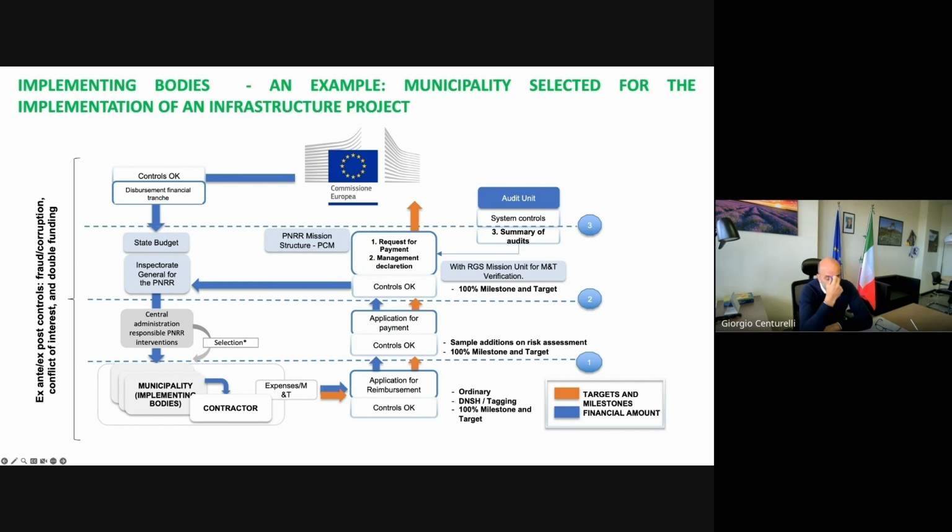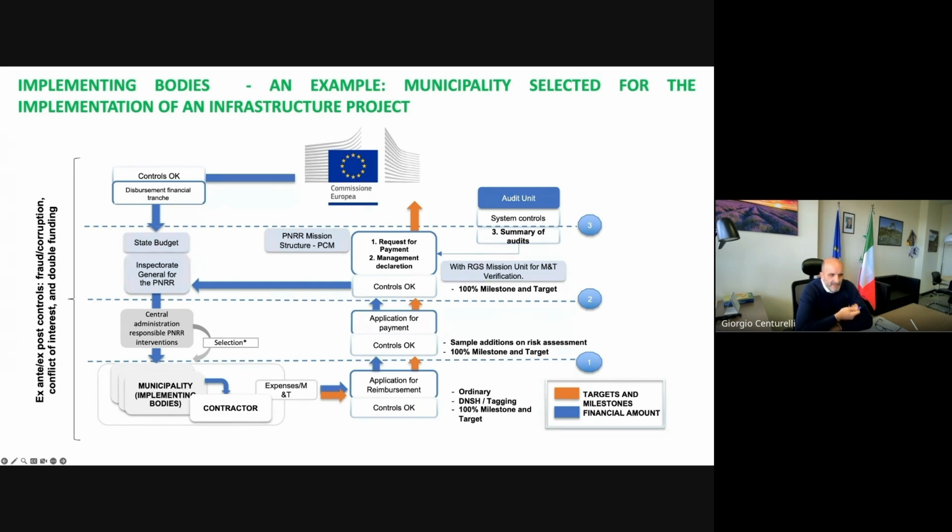The central administration starts to verify the single specific target and verify the correct implementation or achievement of this target, in order that all the sub-requirements of the target provided in the decision are met.